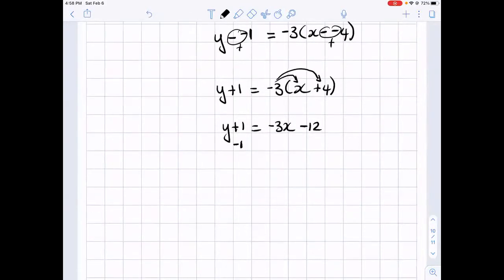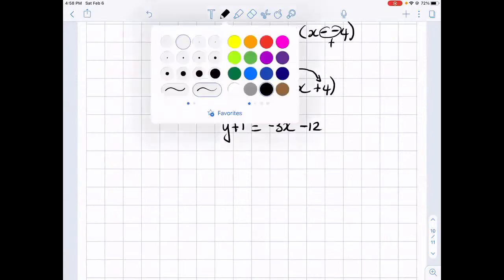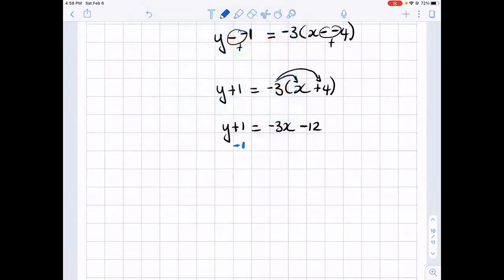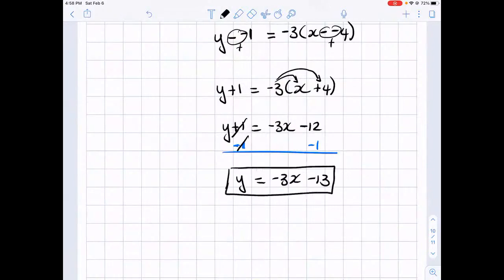And if we subtract 1 on both sides now, usually I do that in blue. If I subtract 1 on both sides, we now have the equation y, this plus and minus cancel, minus 3x minus 13. And here is the equation that I'm referring to.